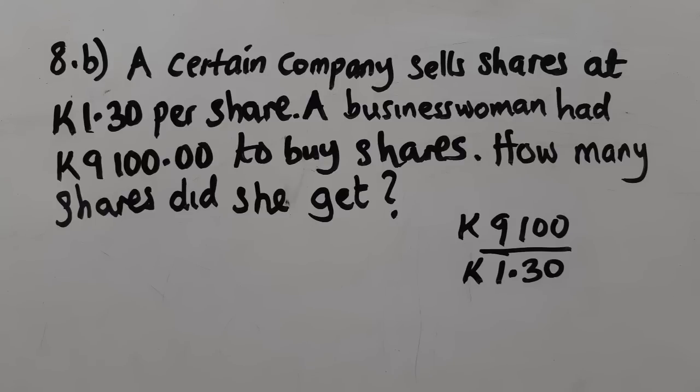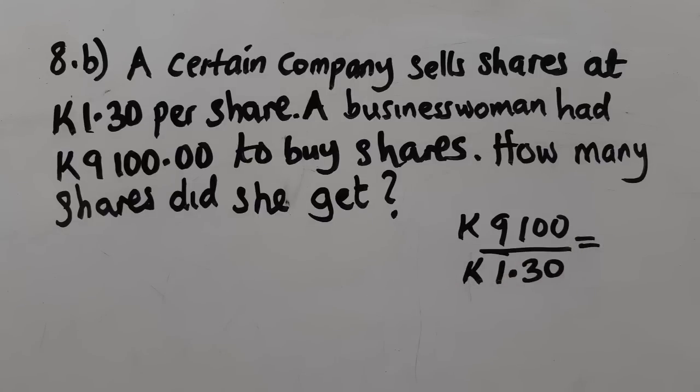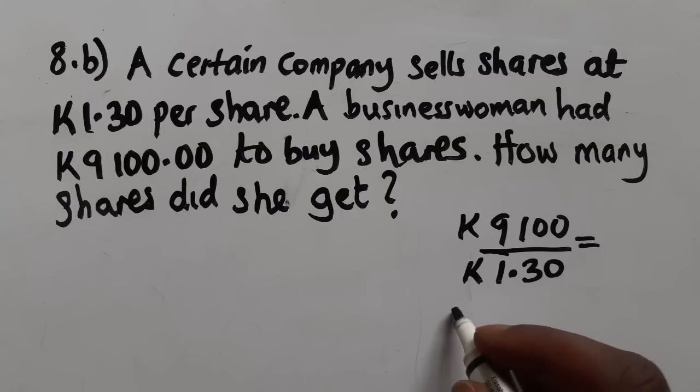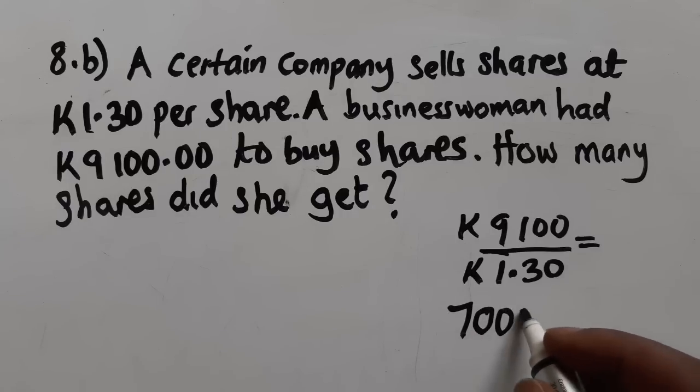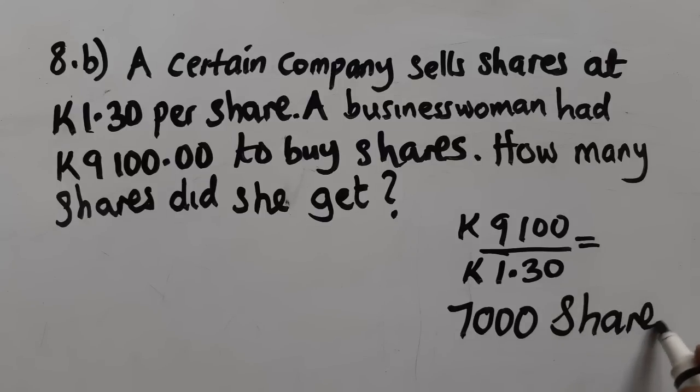When you divide this amount, what do you get? We are going to get 7,000 shares. Those are the shares that she got. I hope we are there.